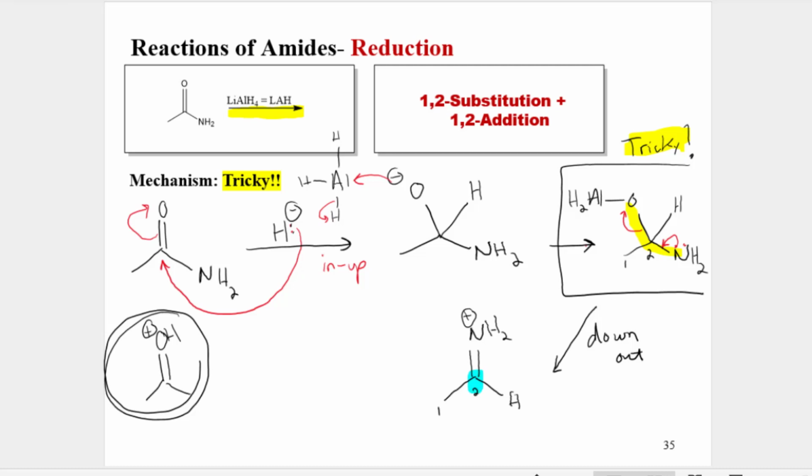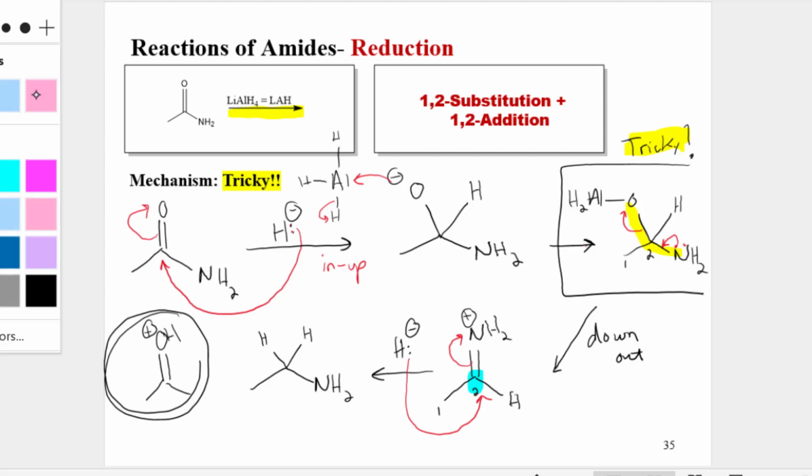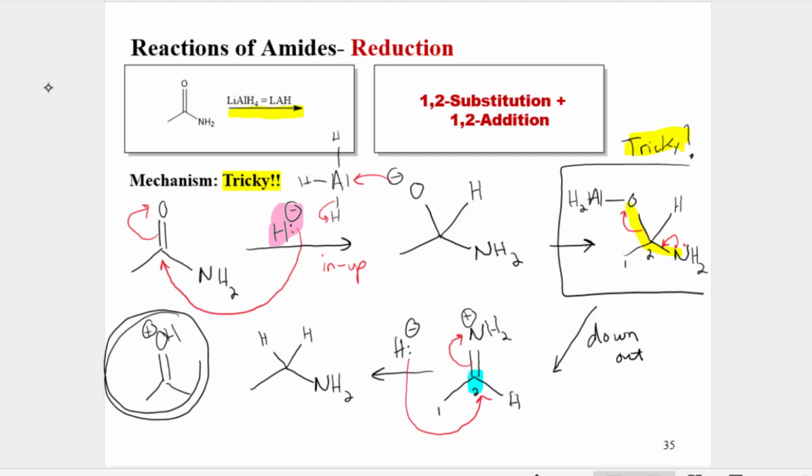And we've got lots of H minuses still floating around, so we're just going to do one more H minus in, up. In and up. So at the end of the day, let's track it. The first H minus went in and up. There it is, it's on carbon 2. And then the nitrogen pokes in and out. So the down, out happens, but with a very different, tricky sequence.